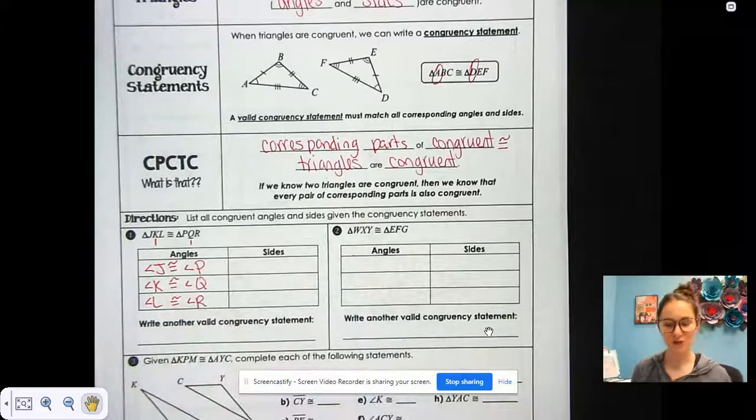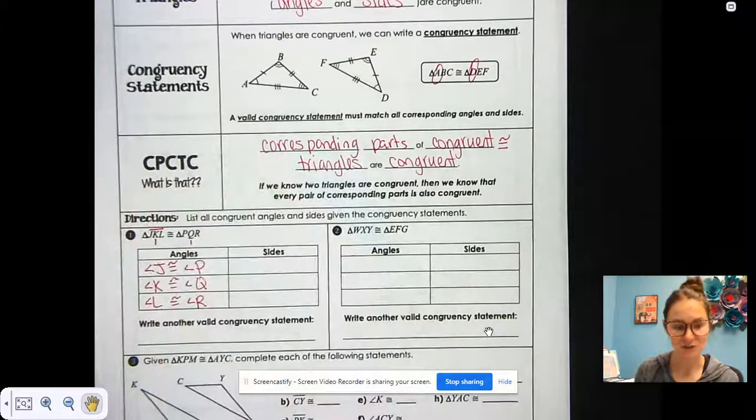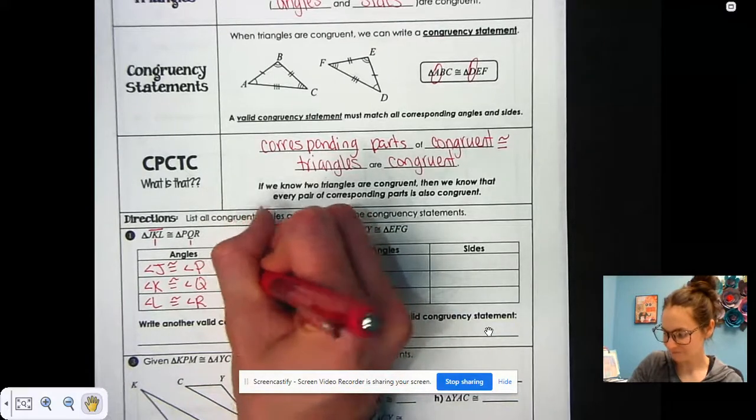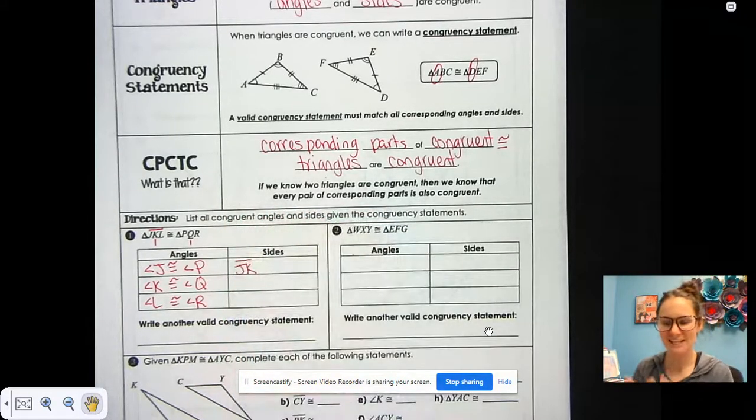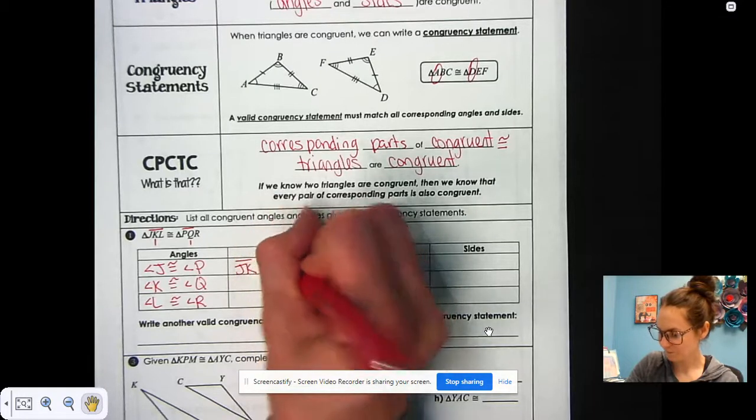And that's how we show angles are congruent. When looking at sides, we know that it takes 2 letters to talk about a side, and we use that bar up top. So I am going to use my first 2 letters of this one, JK, which means I need to take the first 2 letters of my next triangle, PQ.